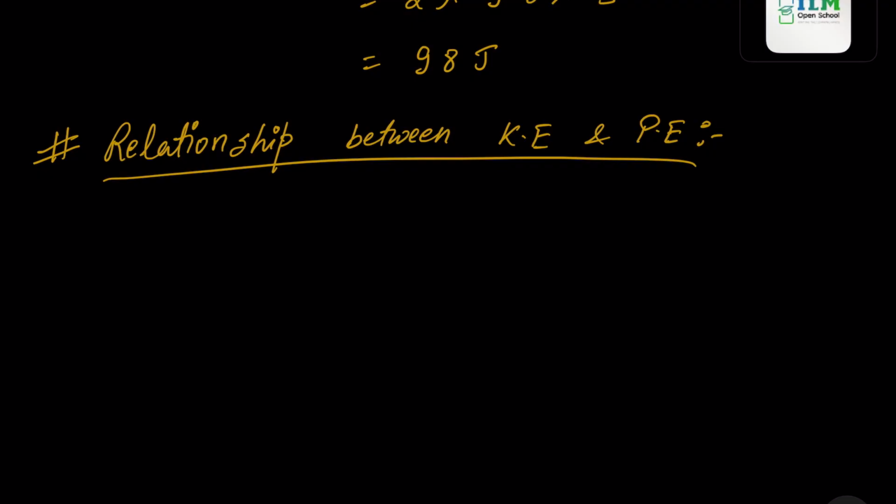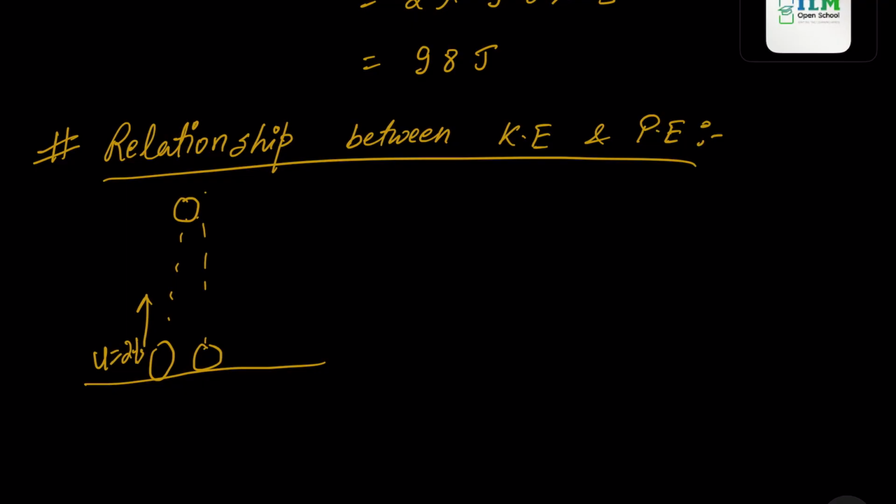Let's take the example of a ball that we throw in the air with an initial velocity, let's say 2 meter per second. This ball will go upward to some point and stop there and then come back to its original position. Let's say it's the ground level.